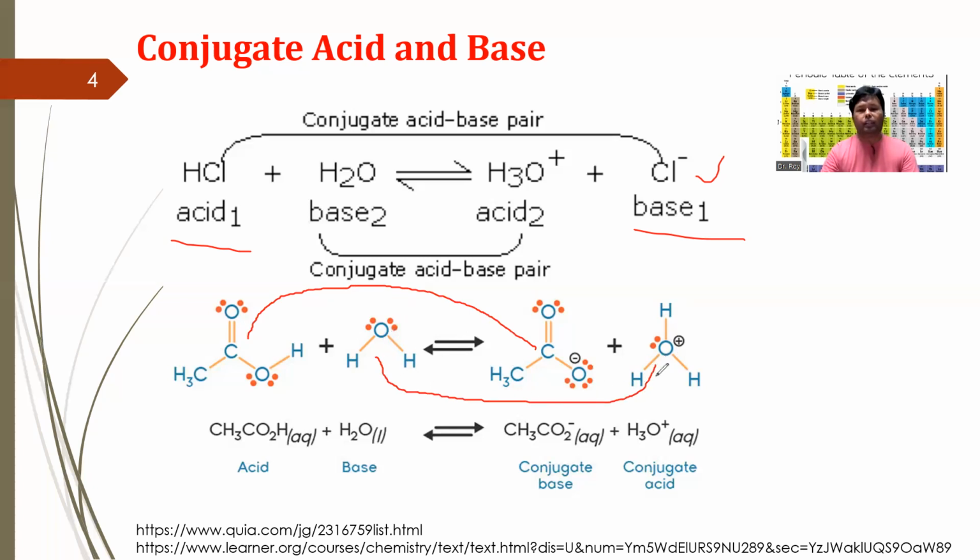So these are conjugate acid base pairs. If you have any reaction, you have to understand which one is formed. So this is one conjugate acid base pair, and this is another conjugate acid base pair.